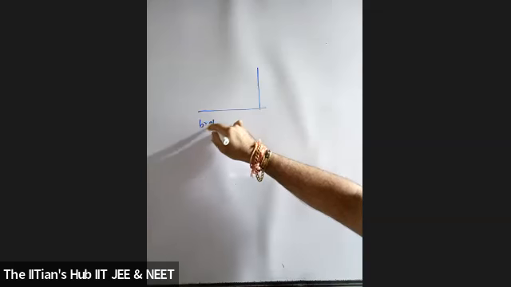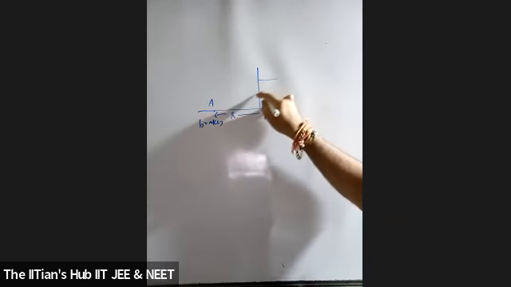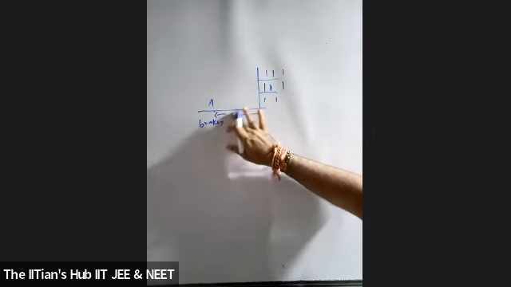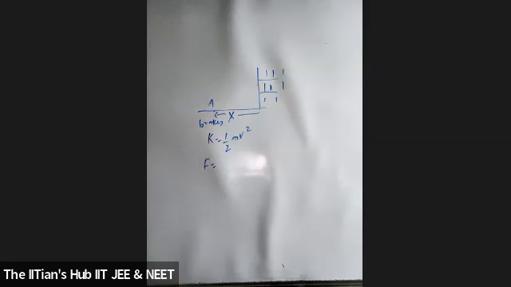So when he is going in a straight line, he is then applying brakes at point A, and the distance from the wall, I assume, is x. So when he is moving in a straight line, the kinetic energy is equal to half mv square. And when he applies the retarding force, the work done is equal to fx.